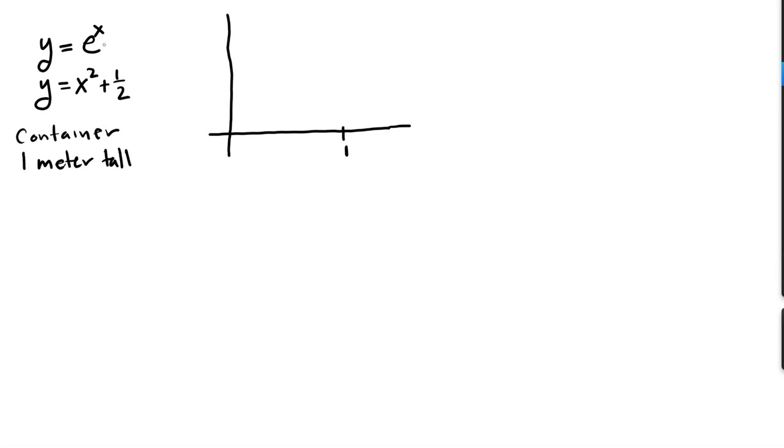Then if I graph these two, y equals e to the x is going to cross here at 1. I'll put 1 down here. And that's going to go up like that. And then y equals x squared plus 1/2 is going to cross here at 1/2. And it's going to go up, but at a slightly different rate, a little bit slower, and then it's going to jump up like that.